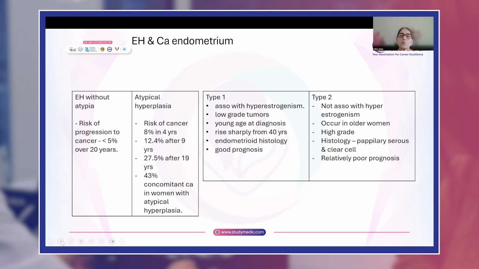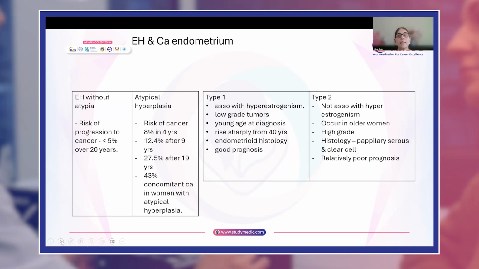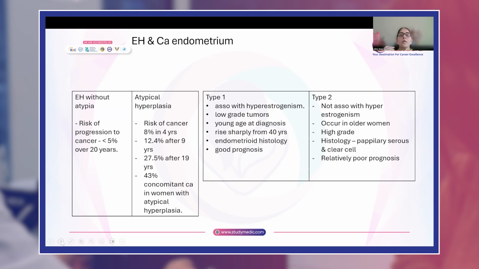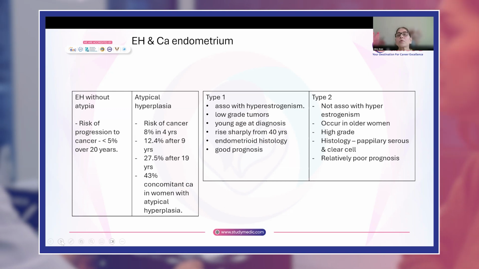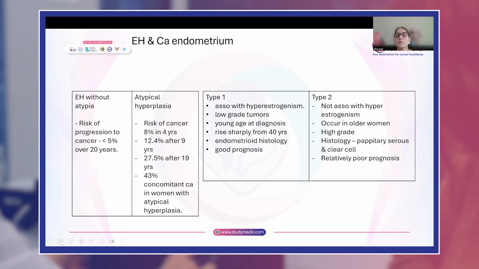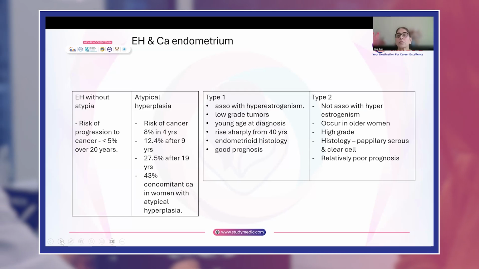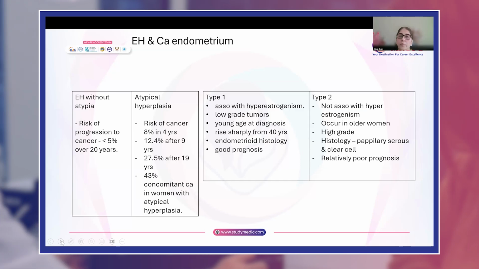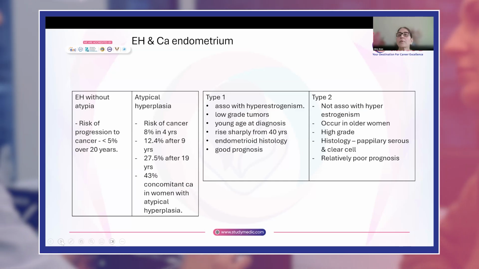And then women who have had an early menarche, late menopause. So whenever the endometrium is exposed to prolonged periods of estrogen, and especially unopposed estrogen, that means there is no progesterone. So that is why chronic anovulation. These are the type of women who are at a high risk of developing endometrial hyperplasia.